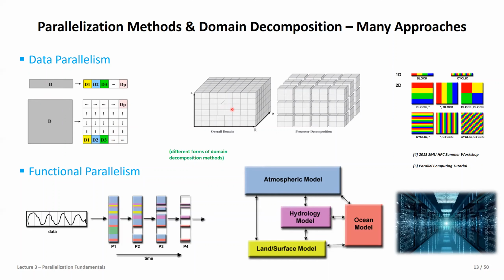And then 3D, where basically you have here the overall domain, maybe the atmosphere we just saw, based on some Earth science scenario. And then you have this cut down into different processor decompositions, which might not be directly that any of these blocky representations would be on one core, on one processor. You see here, 8 of those are bundled into a processor decomposition, which is not the same thing.